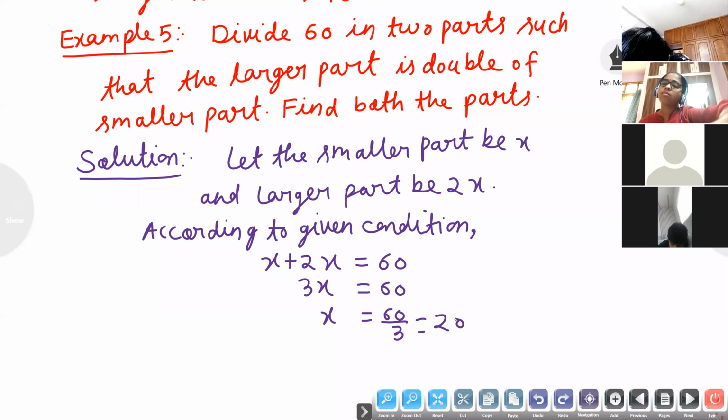The value of x is 20. Then I can say the smaller part is 20 and the larger part is 40.